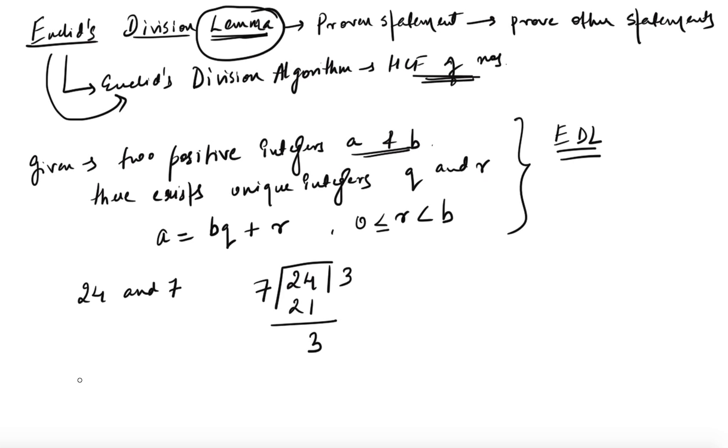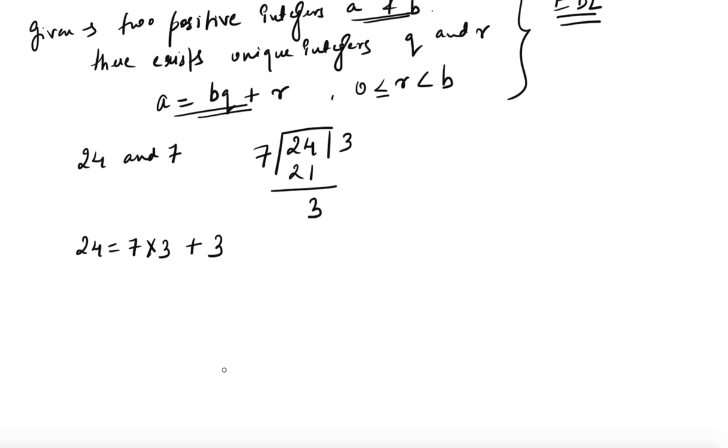So I can write 24 as 7 into 3 plus 3. So 24 and 7 can be uniquely represented as 7 into 3 plus 3. This is what Euclid's division lemma says.